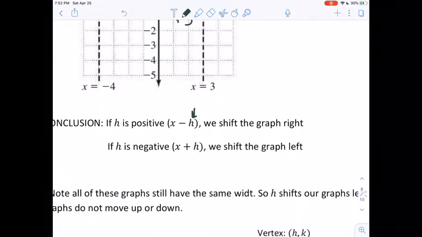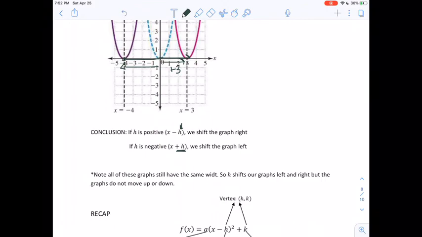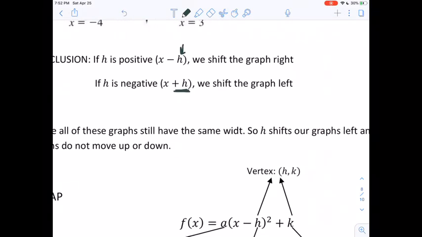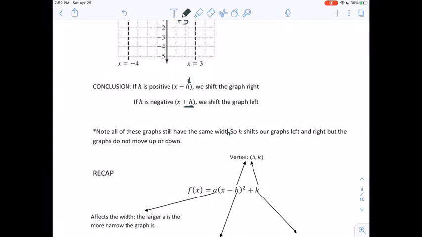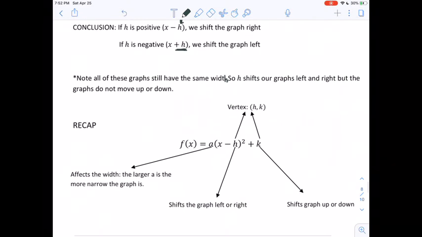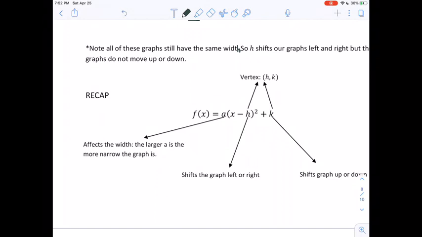So think opposite. So if it's negative, I'm moving to the right. If h is negative, okay, technically it's being added in there, we shift the graph to the left. Okay, like I said, all of the graphs have the same width. So h shifts our graphs left and right, but the graphs do not move up and down. So let's do a recap.